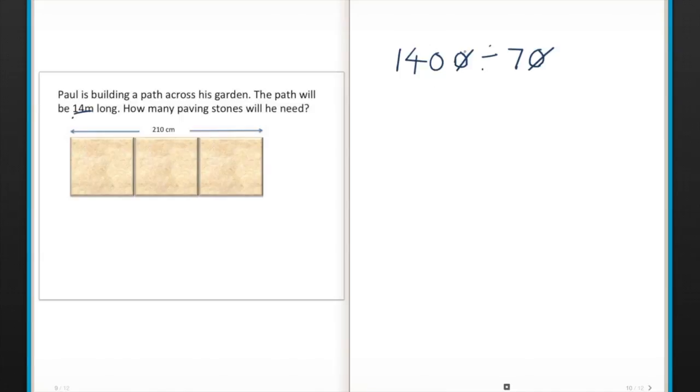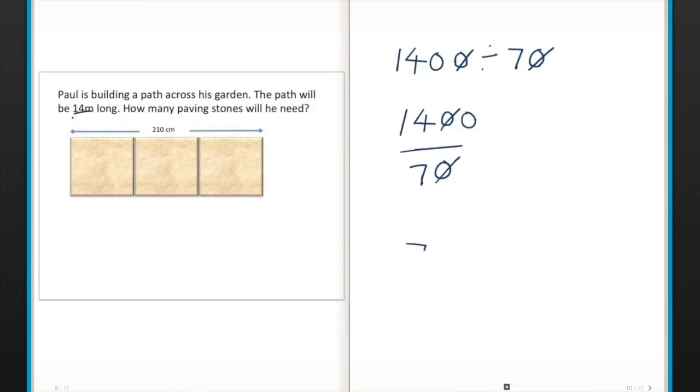So as long as I divide both sides by 10 and take one of the zeros off, it works. I can't just take one off here and not off there. It has to be both sides, a bit like a fraction. In fact, if I wrote it out as a fraction, you can see why that would work. Because remember, a fraction is an unfinished division sum. So I'd end up with 140 over 7.